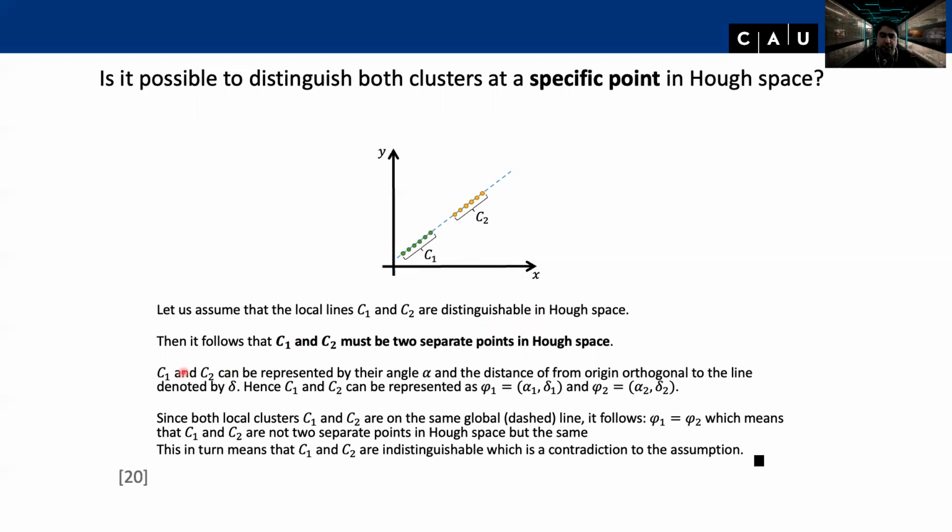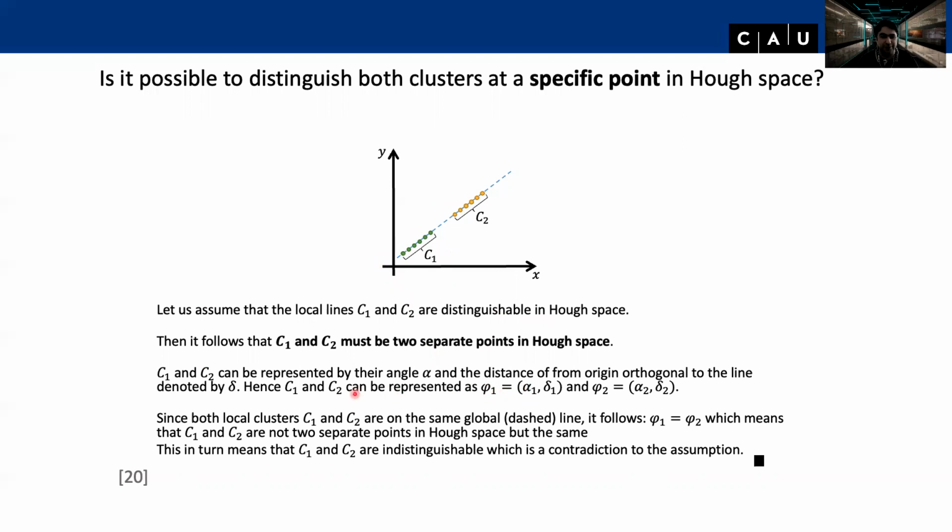However, as we know, the cluster C1 and C2 can be represented by the angle alpha, so the angle that they span to that which goes orthogonal to here, and by the distance from the origin orthogonal to that line. So it would be this distance, for instance, that would go here to this line.